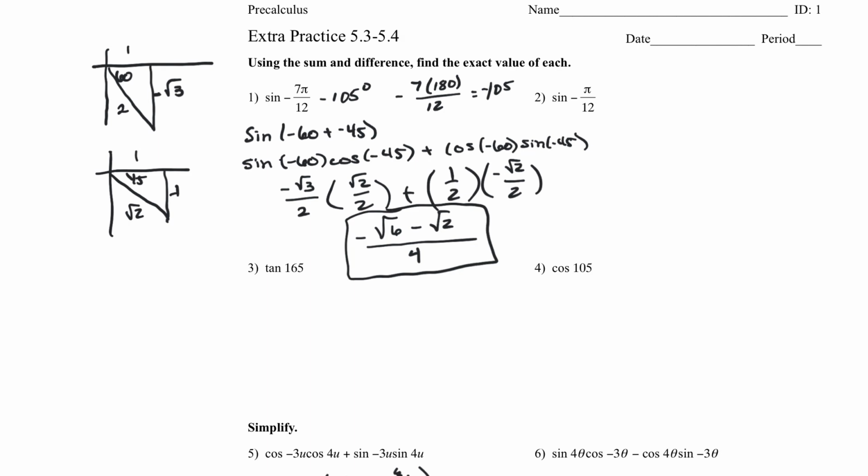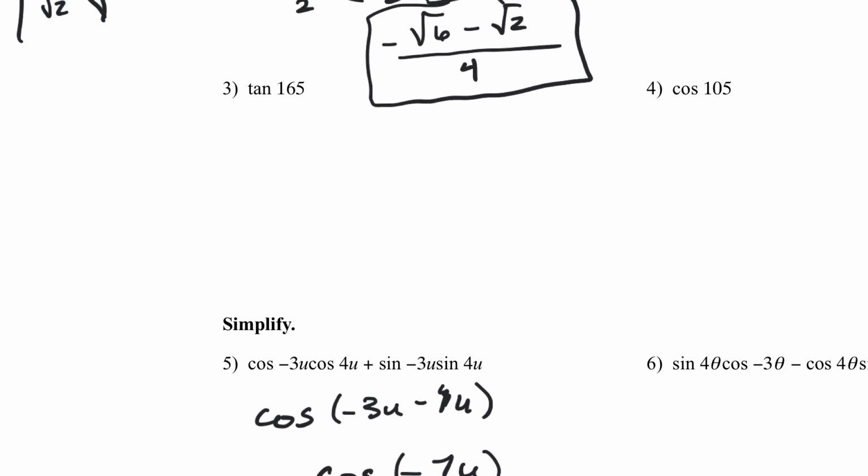Let's look at tangent of 165, number 3. All right? What do you want to break that up into? 120 and 45? So tangent of 120 plus 45. Remember with tangents here, we're trying to avoid 30, 150, 210, and 330. It's not wrong if I do that, but it's just going to make my problem a lot longer to deal with.